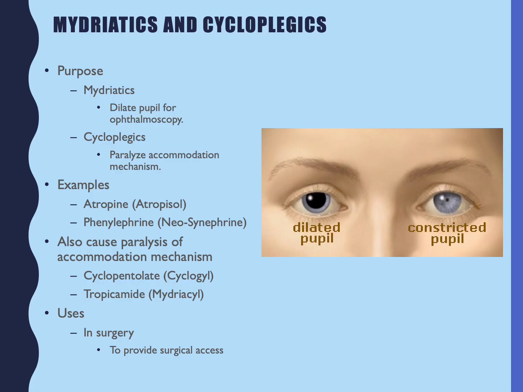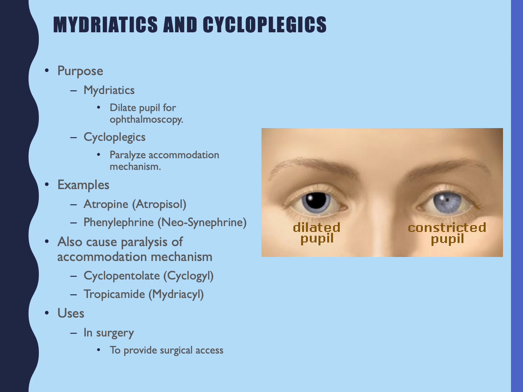So let's move on to talk about Mydriatics and cycloplegics. Mydriatics and cycloplegics are both paralytic agents that are used to dilate the pupil before ophthalmoscopy. And if you've ever been to the ophthalmologist and had your eyes dilated, they probably used one of these to dilate your eyes.